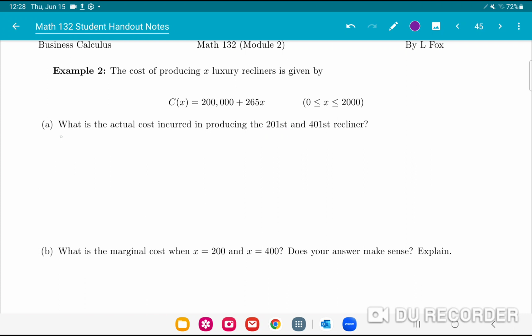To get the cost for the 201st recliner, we're going to calculate the cost to produce 201 recliners, and then the cost to produce 200 recliners, and take the difference. That's the actual cost.